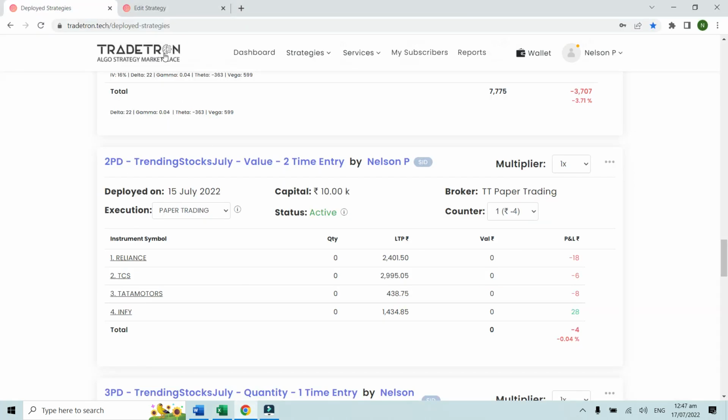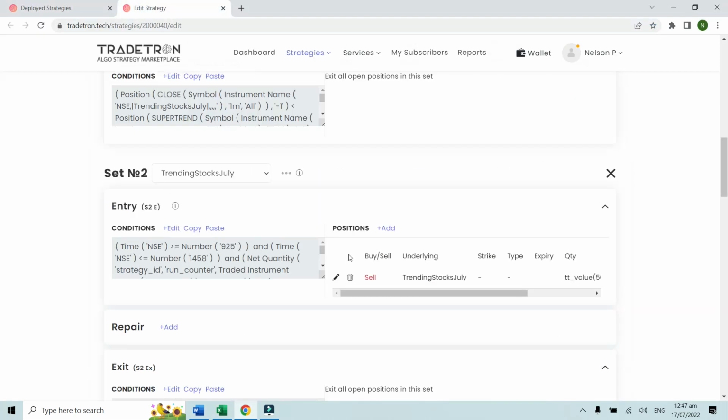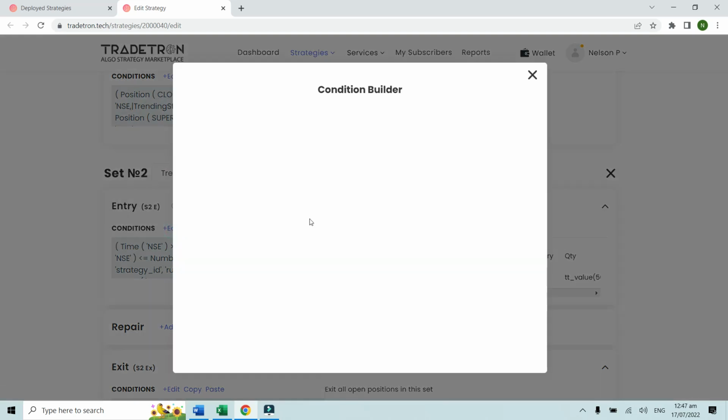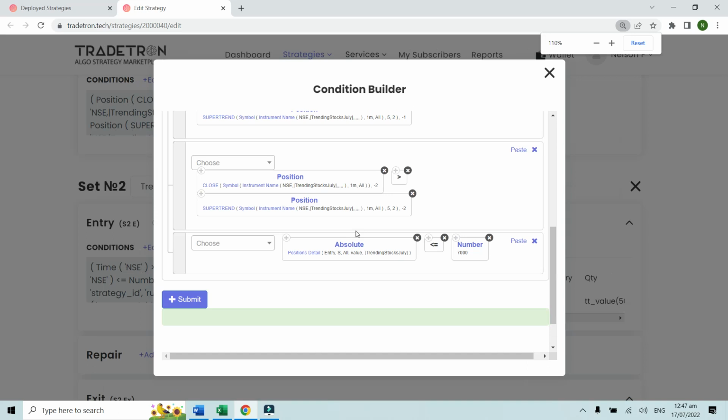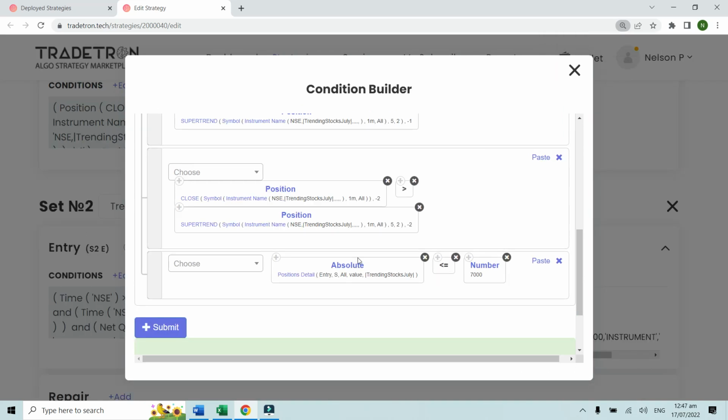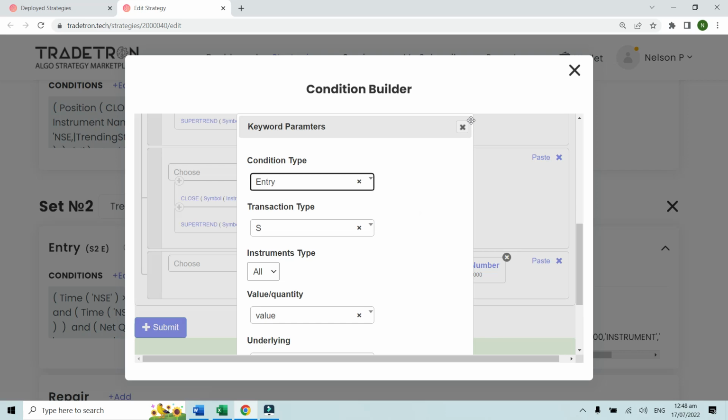So if you see in the edit strategy, in set number 2, that is basically for the short position, which is basically the same crossover condition, just that we're using this positions detail with the absolute keyword, because in case of shorting, that is S, it basically means that we are selling the stock. So when we are selling, it should be negative, right?